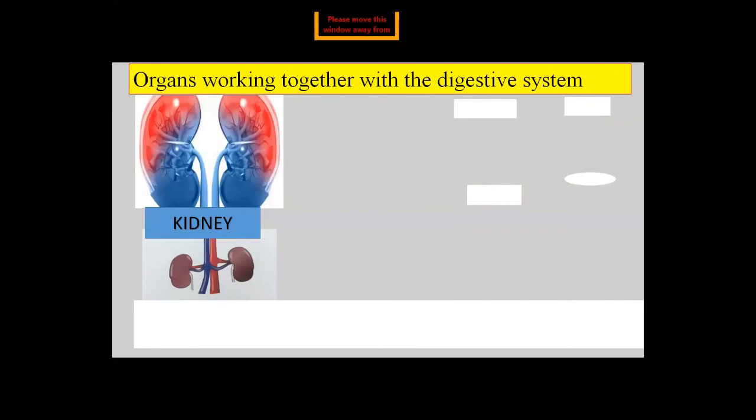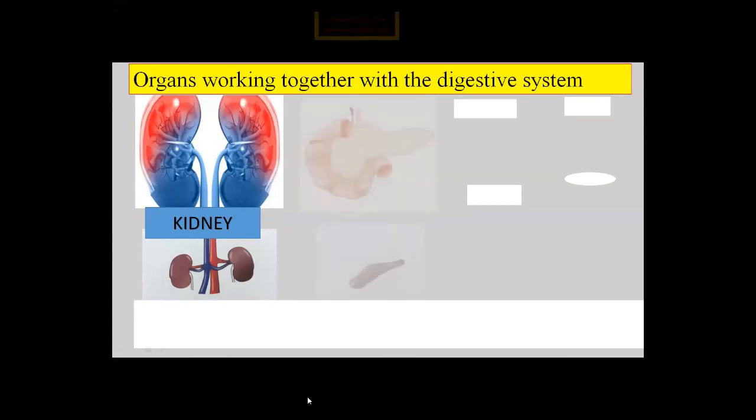Okay, students, you can see the kidney on page number 24. I repeat, the function of the kidney is to help remove the waste material and the excess water from the body.